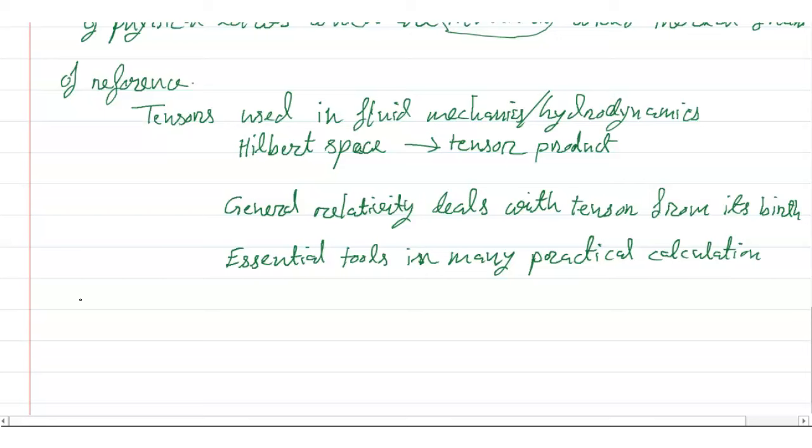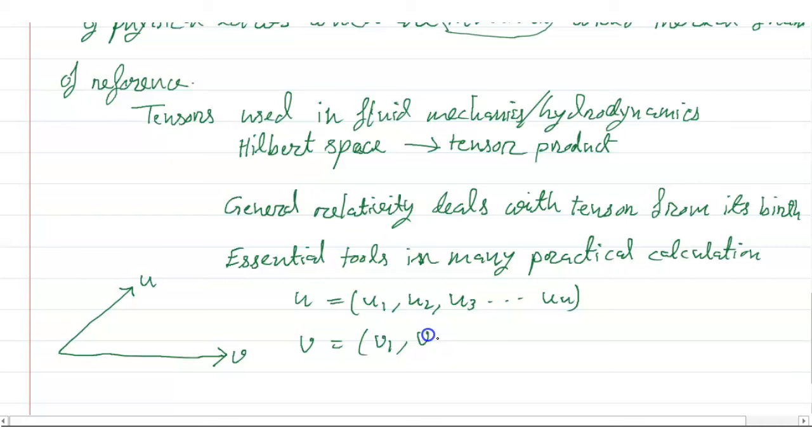This is the tensor applications, friends. And now I want to discuss that inner product. This is the two vectors, friends. Tensor is also called generalizations of vectors. These are two vectors u and v, and I can write that u is equal to u1, u2, u3, un, and v is equal to v1, v2, v3, vn.